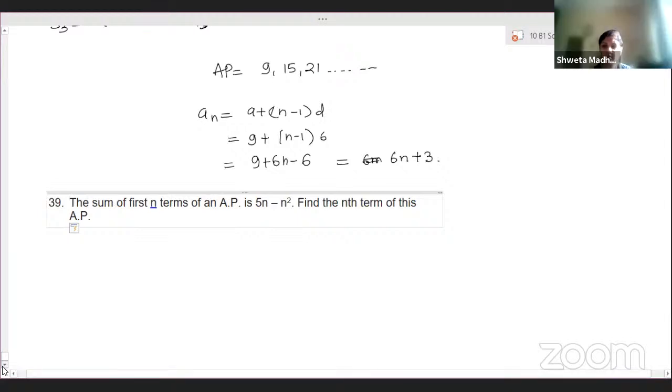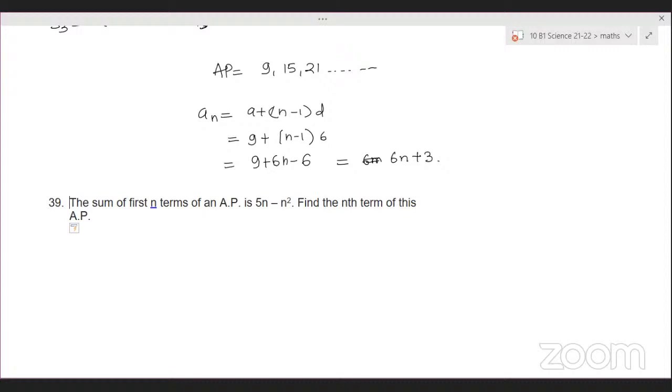Yes, how to do 39th? Ma'am, in the 39 question, S2 and S3 both are coming 6.